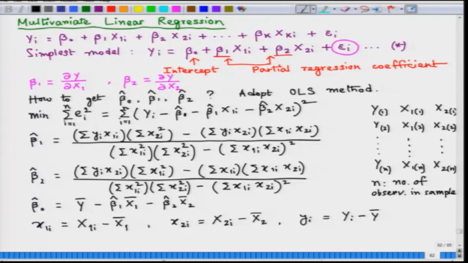So, here in these expressions that we obtained for our regression coefficients, the sum, all the sum ranges from i equal to 1 to n.